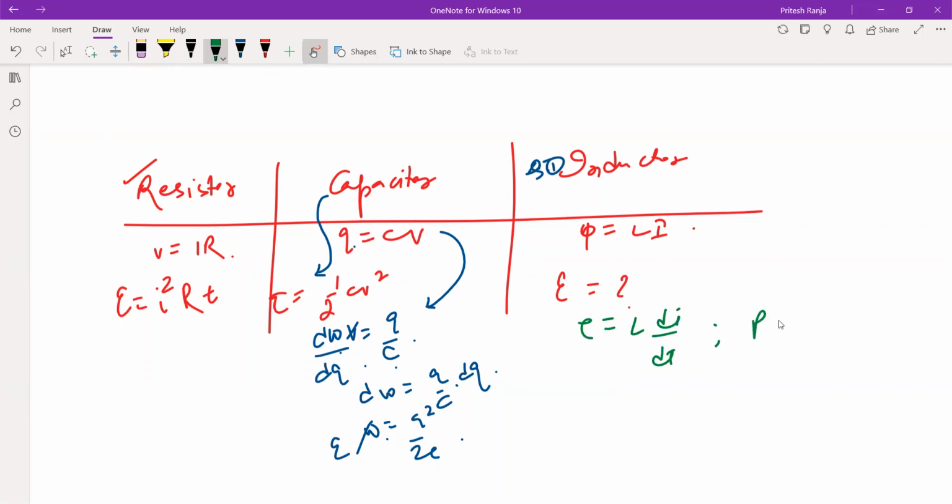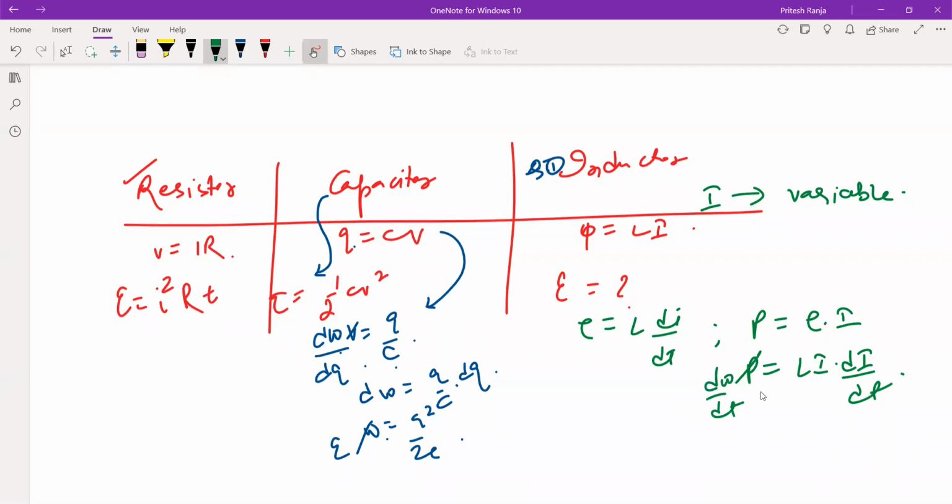We will use the expression of power, that is equal to V into I. So power we get as Li di by dt. It is to be remembered, when we are talking about an inductor, we are considering I as the variable quantity, else this di by dt will be 0. P we will write as dW by dt, right? And now we can cancel dt and dt.